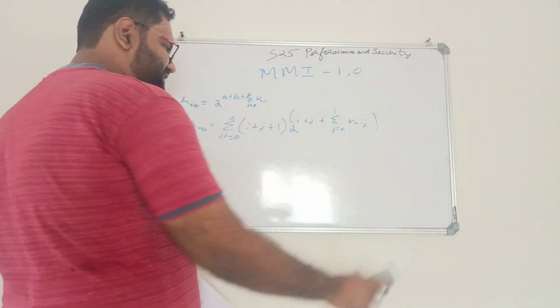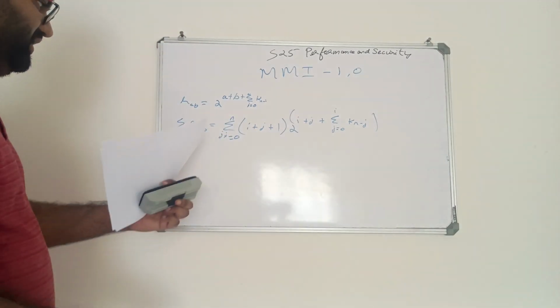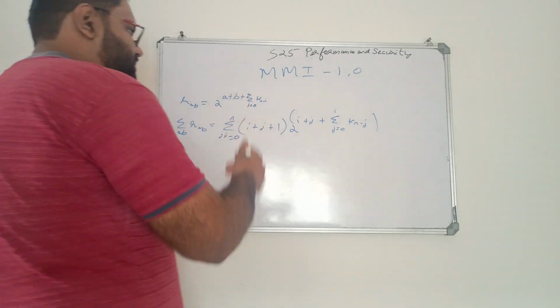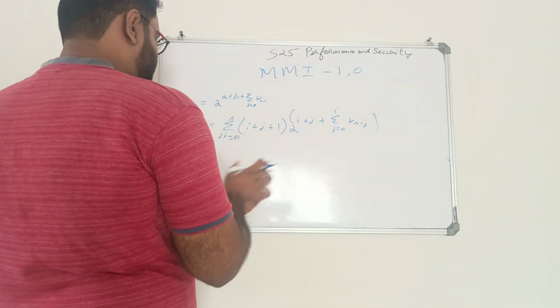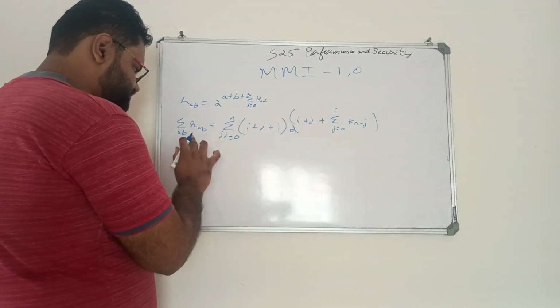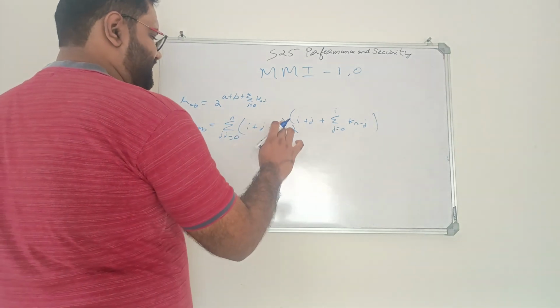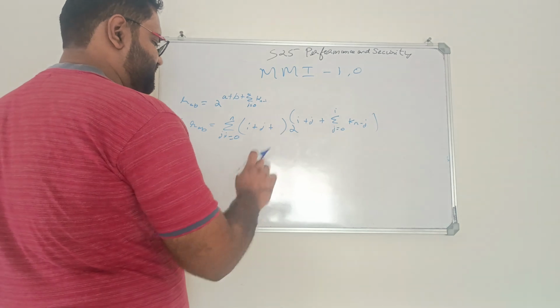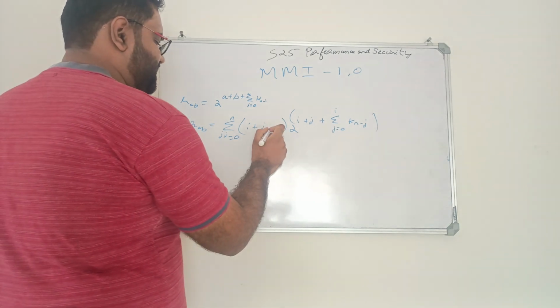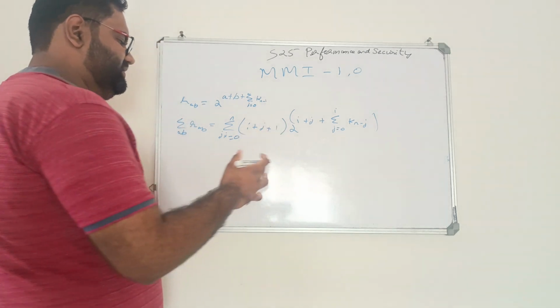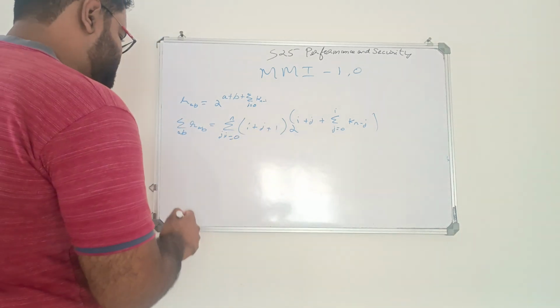So if all of these states are equally probable, like we talked about in MMI minus 1 0, then of course, if I want to ignore the original state, I can just remove this. Now we can be clear, but we can add this to make it a little bit nicer.